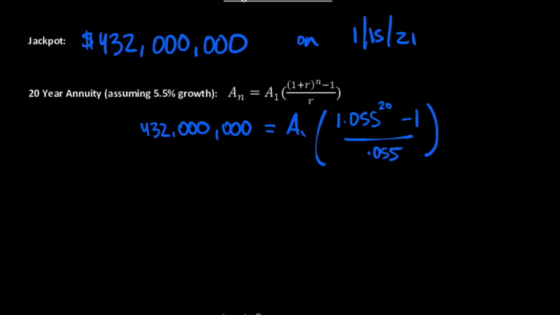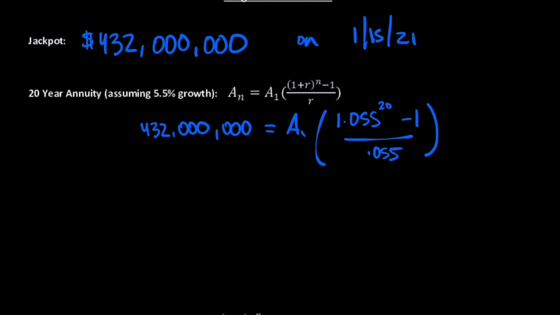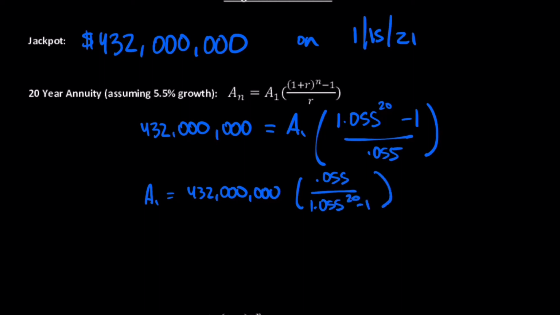Now, what I need to do is solve for A sub 1. So basically, I need to multiply both sides of the equation by this reciprocal. So A sub 1 equals 432 million, such a huge number, times 0.055 over 1.055 to the 20th minus 1.